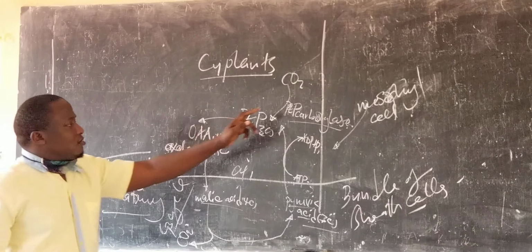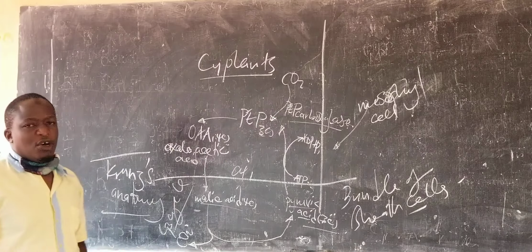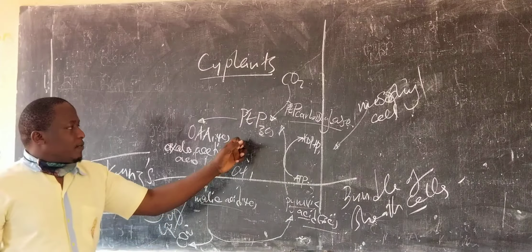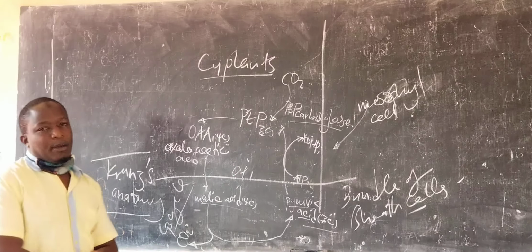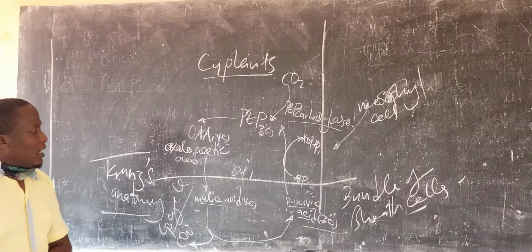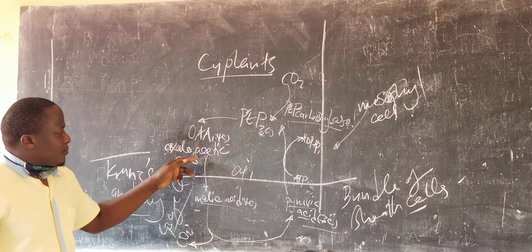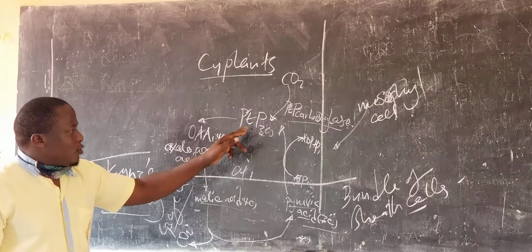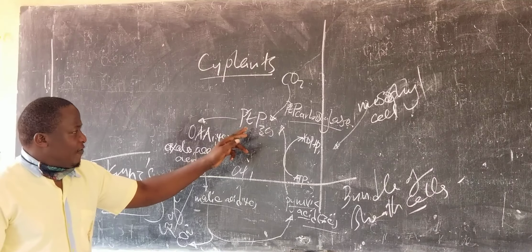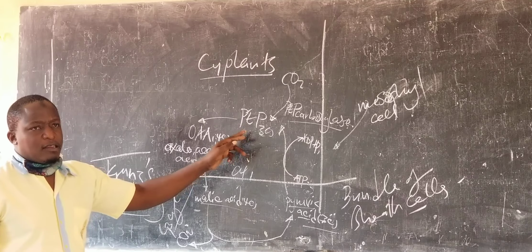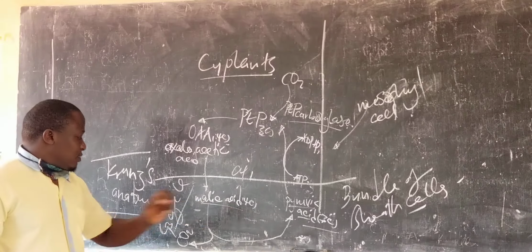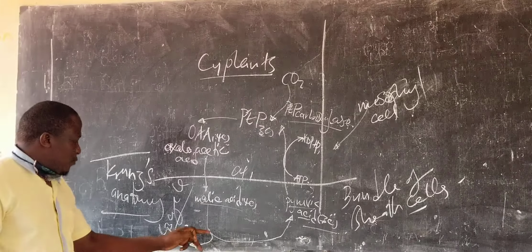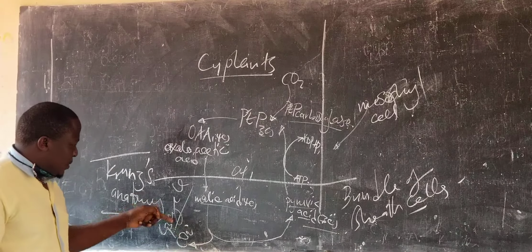The first fixation occurs by the carbon dioxide acceptor PEP, influenced by the enzyme PEP carboxylase. Because PEP has high affinity for carbon dioxide, we generate malic acid, and eventually carbon dioxide is fixed in the C3 cycle.